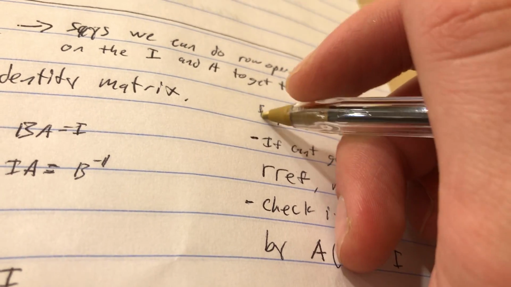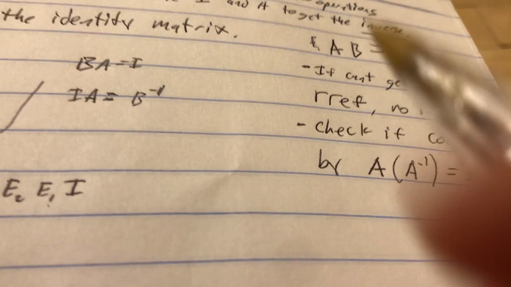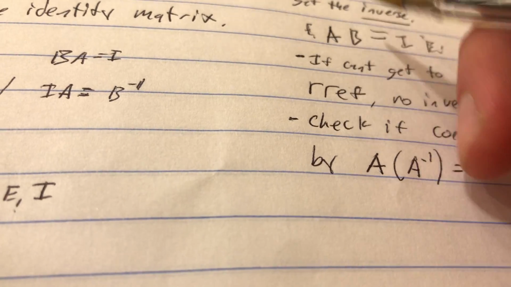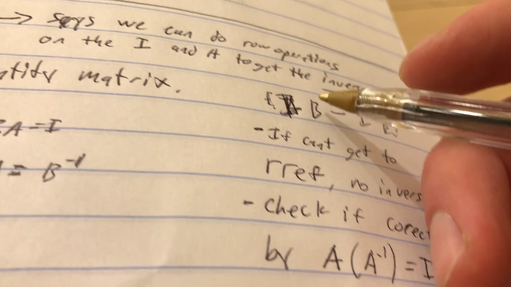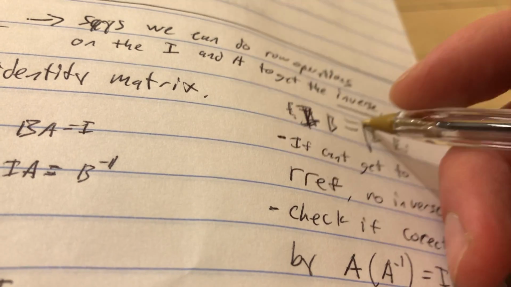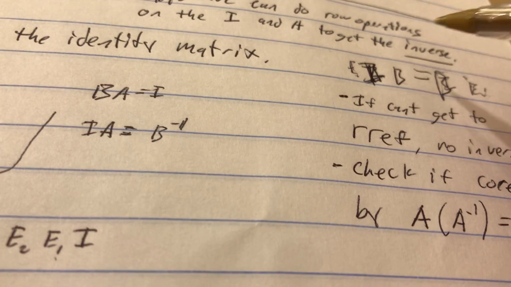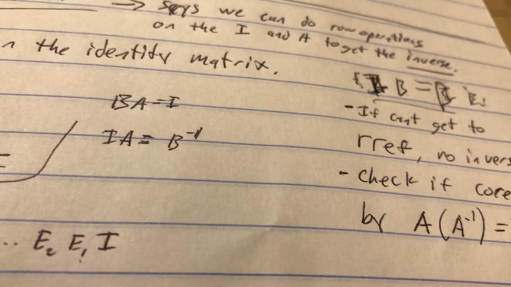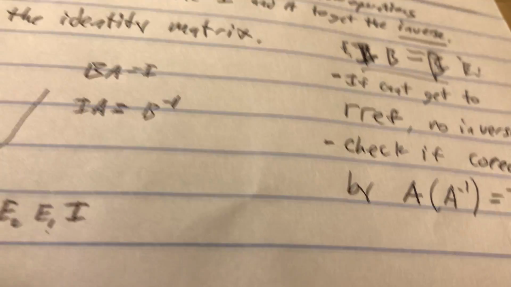I put a little E1 for elementary row operation. The identity matrix with row operations times B is going to equal B with the same row operations. That's what he just did, so he could show that we can do row operations on a matrix and on its identity matrix, and we'll get the inverse. I'll show how that works in just a second.